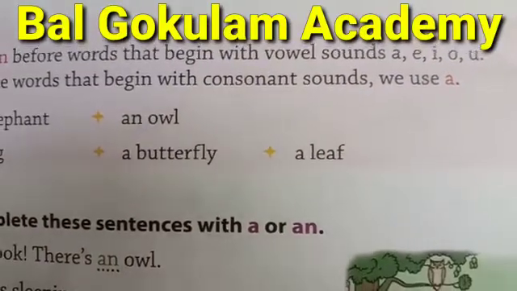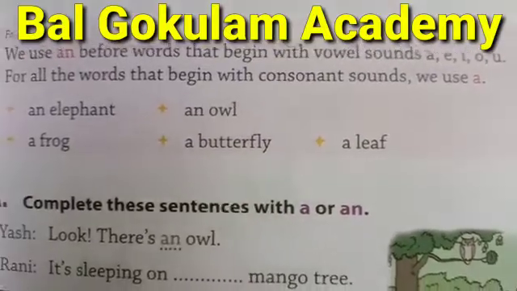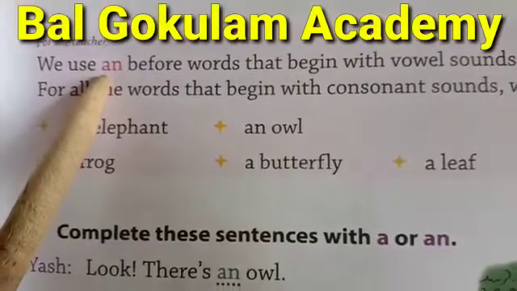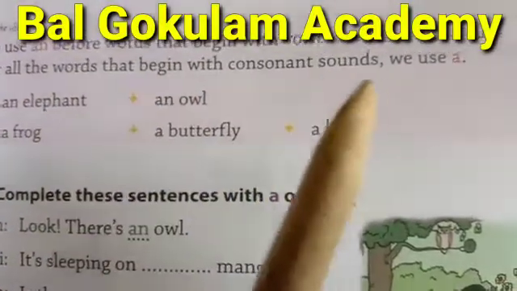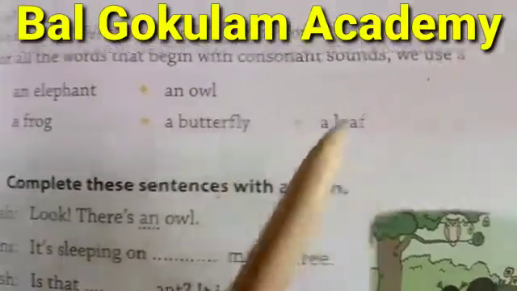And the words which begin with these vowel sounds, we use before it the article an. And other words which start or begin with consonant sounds, we use the article a.